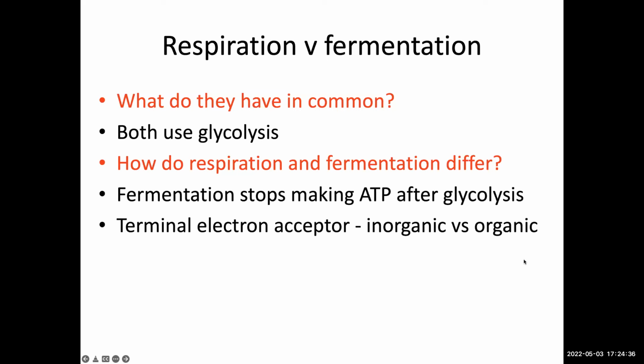The other difference is, what is the terminal electron acceptor, right? So this may be an odd concept because, of course, in respiration, it's more sensible to talk about this. There's an electron transport chain, the electrons are going through it and they come out the end and they have to go somewhere. That's the terminal electron acceptor. But fermentation has one also, because in the process of doing glycolysis, you do take some electrons out of glucose.